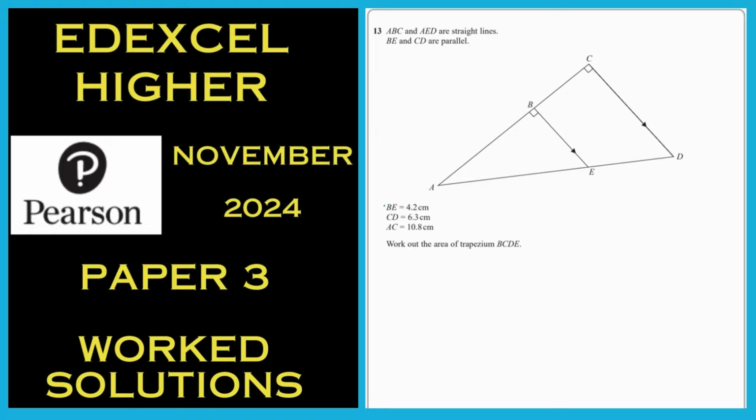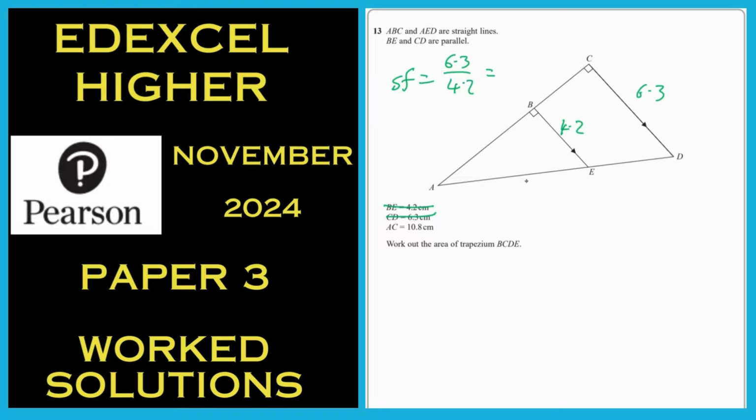B to E is 4.2. CD, 6.3. Stop right there. I can work out a multiplier straight away. My scale factor to go from small line to large line is 6.3 divided by 4.2.